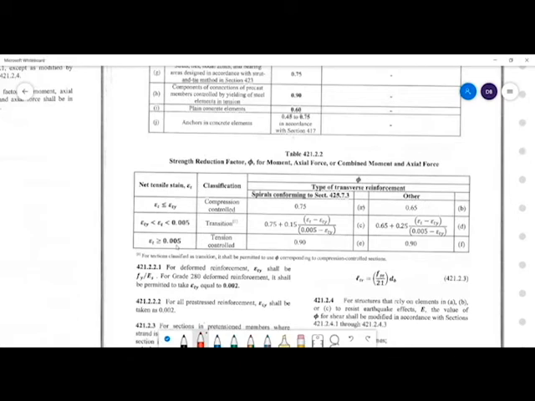So ang φ natin, if design is compression controlled, is equal to 0.65. In transition, 0.65 plus 0.25 (ε_t − ε_ty)/(0.005 − ε_ty). If greater than 0.005 natin, tension controlled, we can use φ is equal to 0.9.